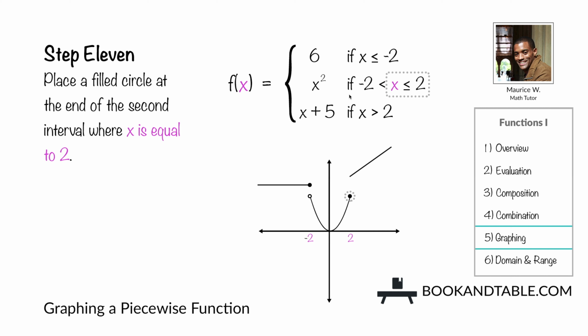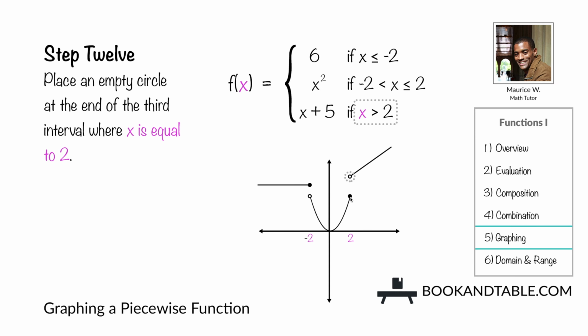Here in the second interval, we have x is less than or equal to. Since it can be equal to 2, at 2, the circle is filled, which means for the next circle, where x is equal to 2 for the third interval, we're going to place an empty circle since x is greater than but not equal to 2. And once we have that, we have now completed the sketch for the piecewise function.